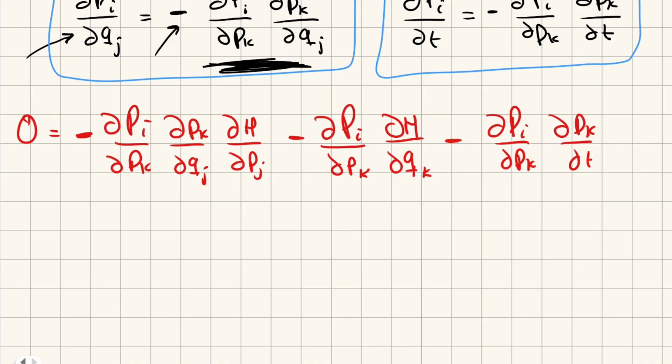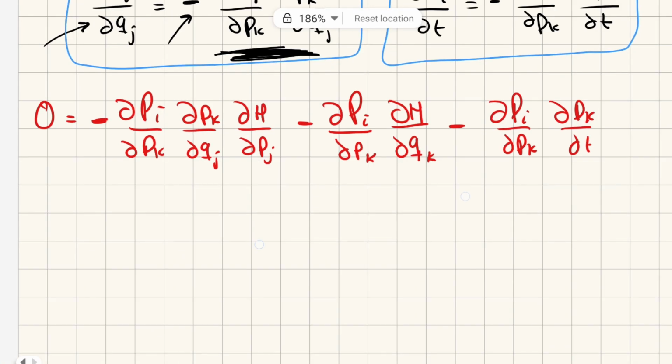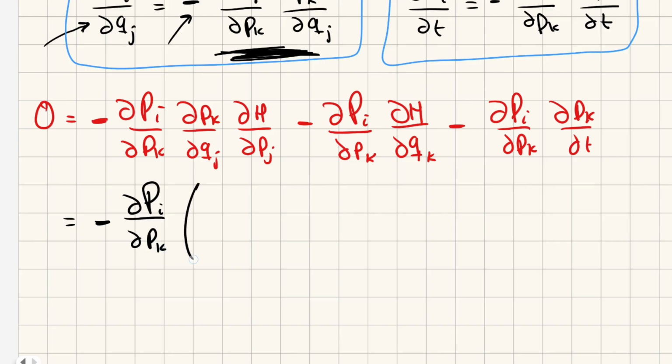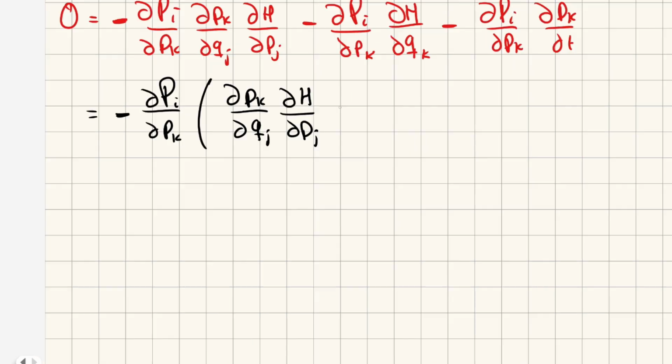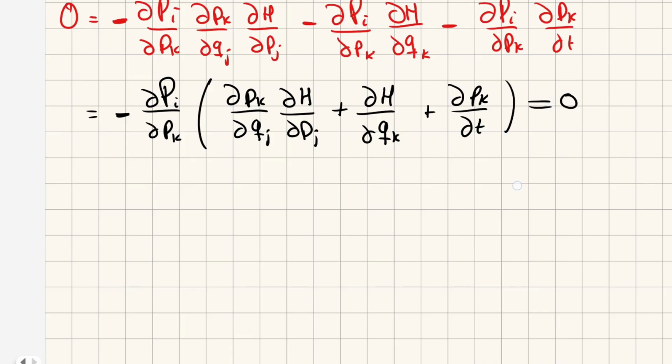So we can say that this is equal to negative the partial of capital Pi with respect to pk, that is going to multiply the derivative of little pk with respect to qj, the derivative of the Hamiltonian with respect to pj, plus the partial of H with respect to qk, plus the partial of little pk with respect to time equals 0.